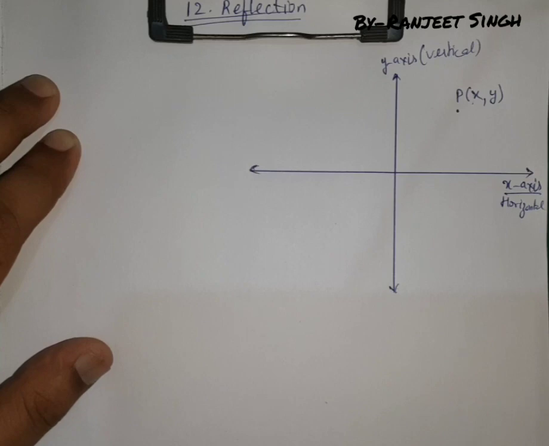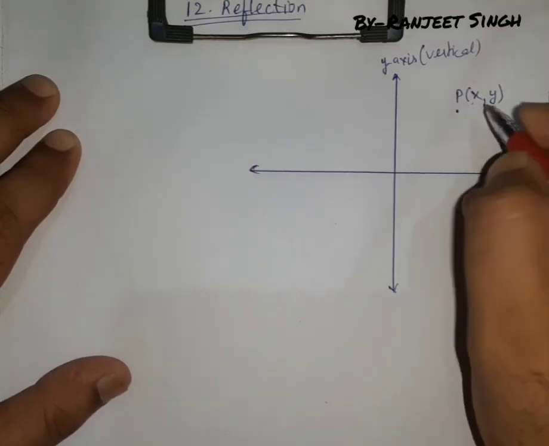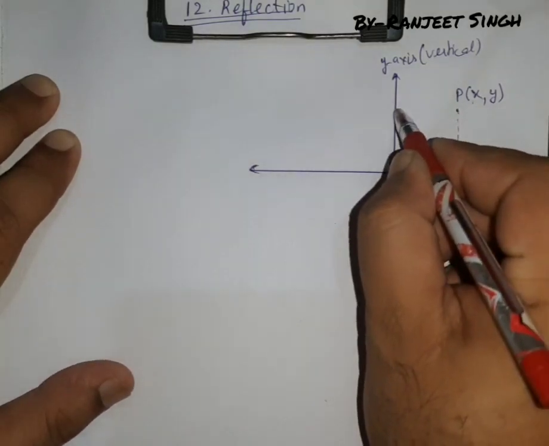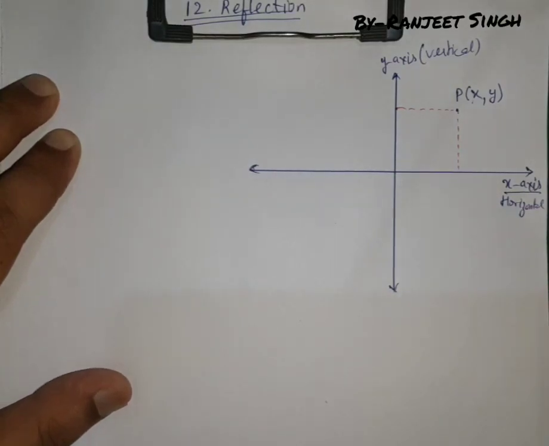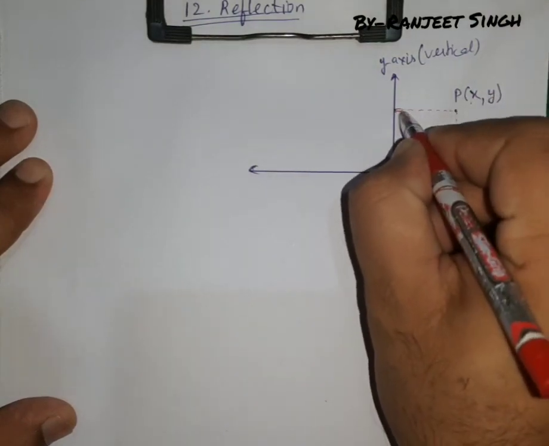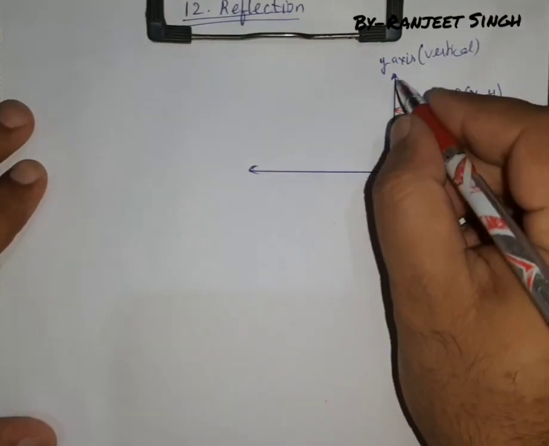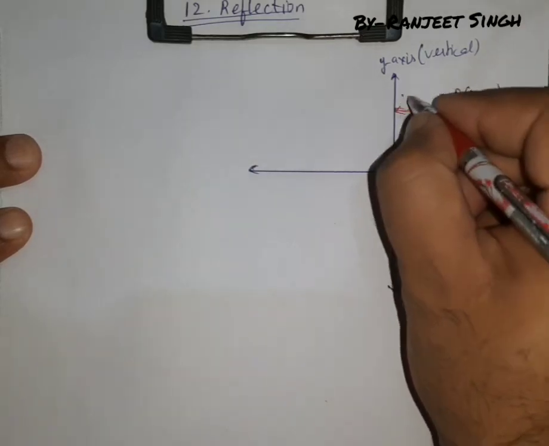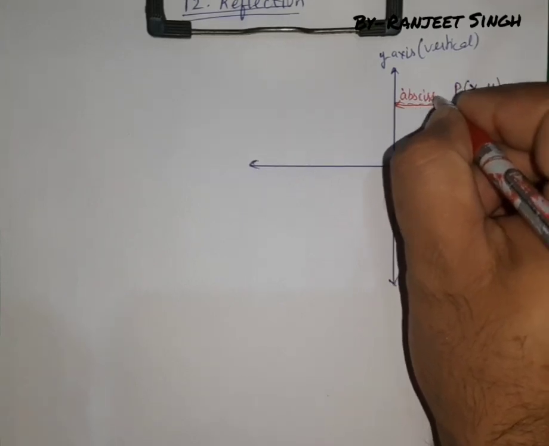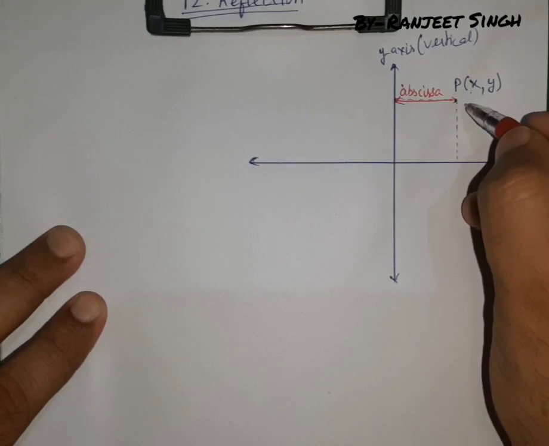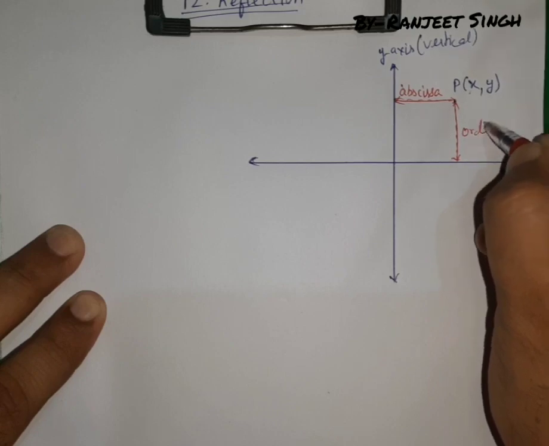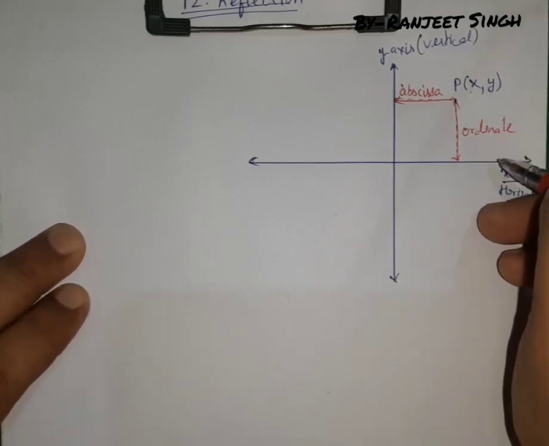If I drop a perpendicular from this point on the x-axis and also a perpendicular on the y-axis, then the perpendicular distance from the y-axis is called the abscissa, and this distance is called the ordinate.